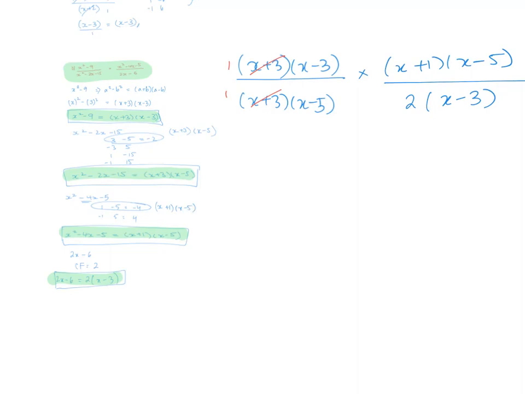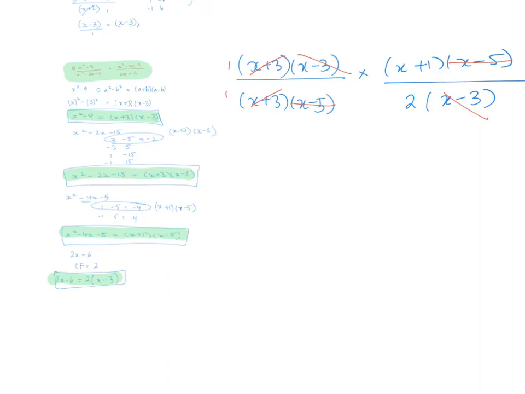I have x minus 5, and I have x minus 5 here, so I could cross these off. And I have x minus 3 in my first fraction, and on the denominator x minus 3, I could cancel them out. You could only cancel out when you have the same factor on the numerator and the denominator. If I had the same factor both on the numerator, I cannot cancel them out. Or if they were both on the denominator, they have to be on opposite.